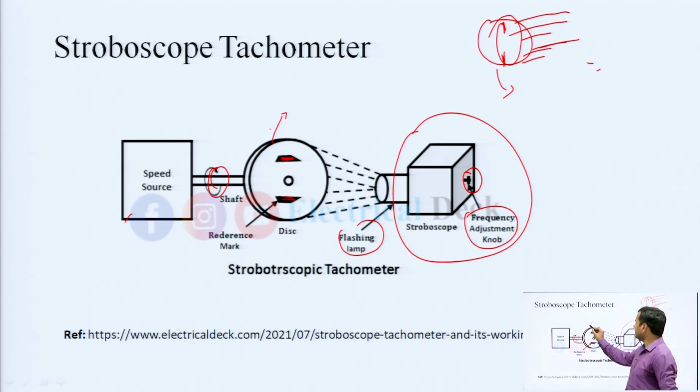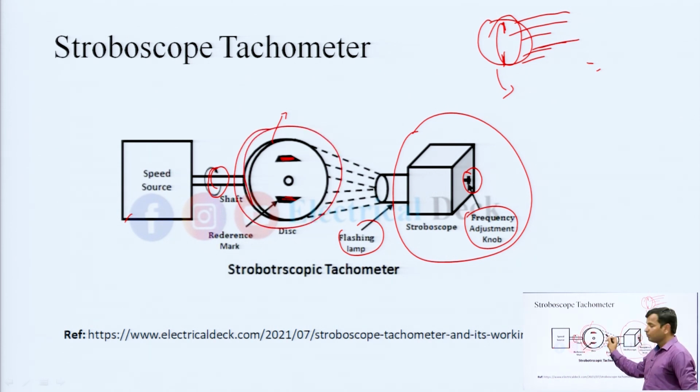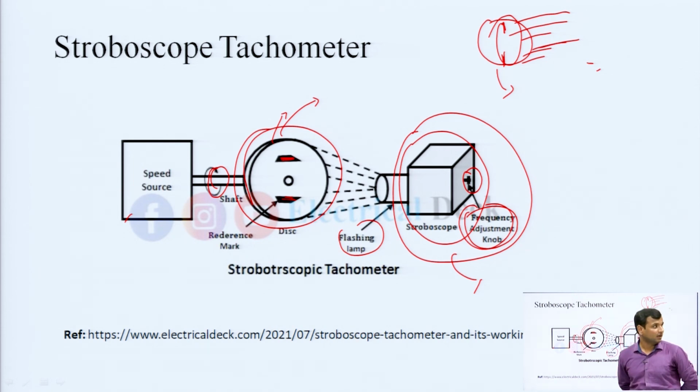When the light flashes on the rotating disc at different frequencies, that can be proportional to the speed. So, we can measure the speed of rotation in terms of frequency, because we are using the stroboscopic effect, flashing the light on this rotating disc. As we vary the frequency of the light, at some point it will give you a stationary image.